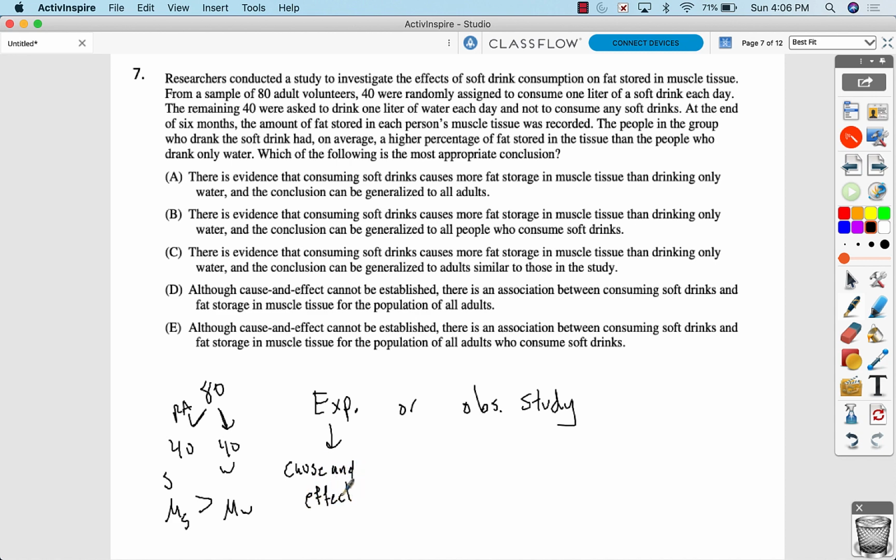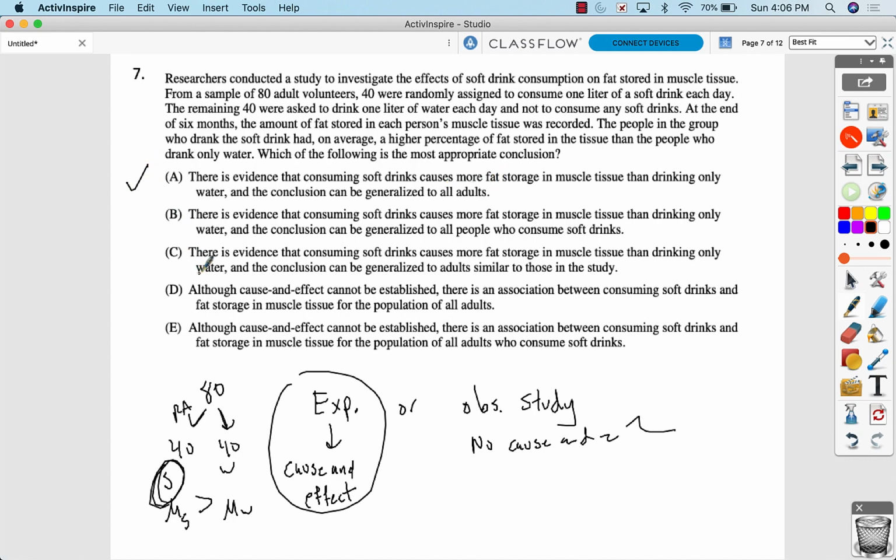If you see a difference, you can say, oh, it must have been the soda that caused the change. If it's an observational study, then there is no cause and effect. So this question is basically saying, well, they found evidence that it was the soda. Can we say it was the soda?